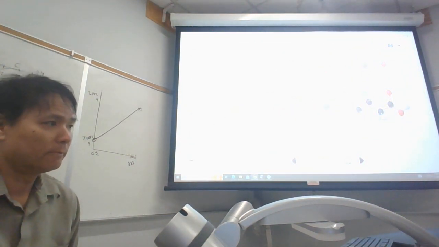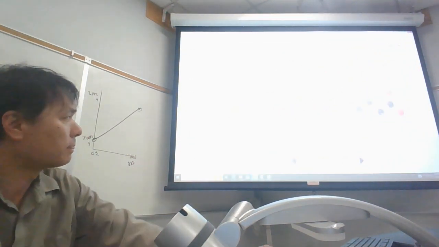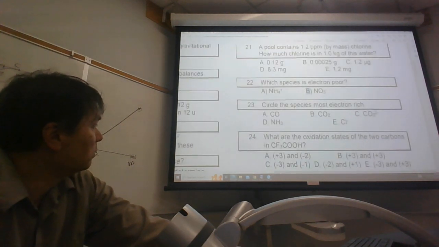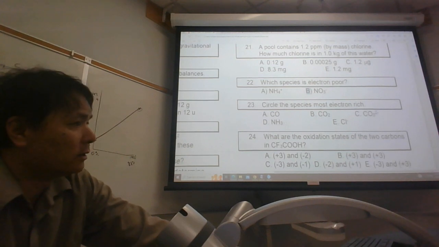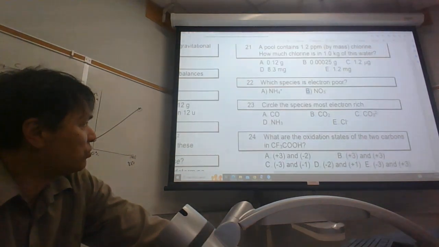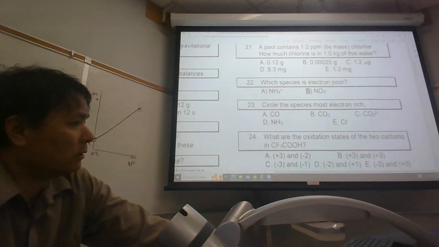My last thing, just to check, there's a number 23 on the practice. I said D. Circle species most electron rich. You circled D? Yep. D is correct. Nice. D, out of all these, would be the most flammable, the easiest to combust.